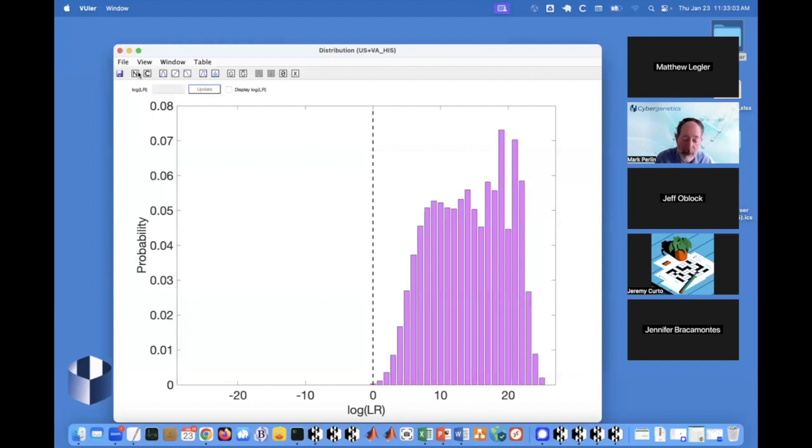This is the left edge of this curve, down to the left of zero and moving leftward, is what's giving you error rates if you want to know them about the lab in a validation study.